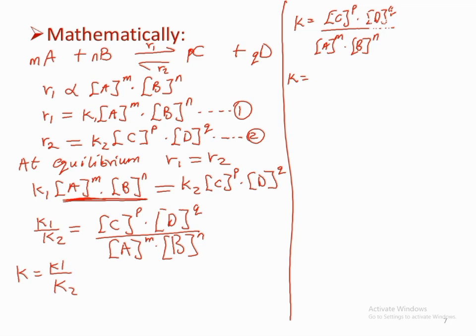K is the equilibrium constant, when R1 and R2 are equal to one another.